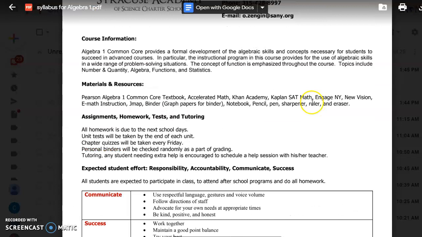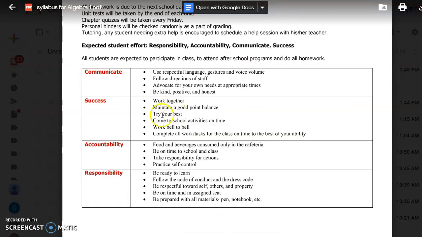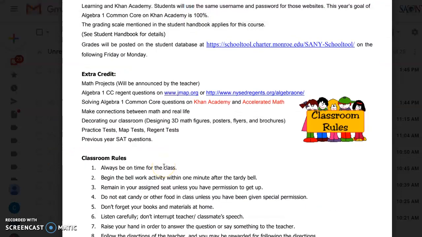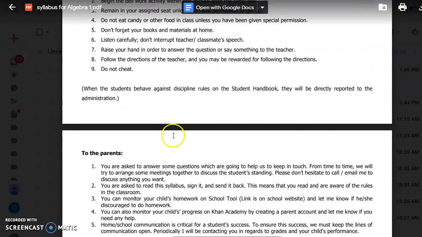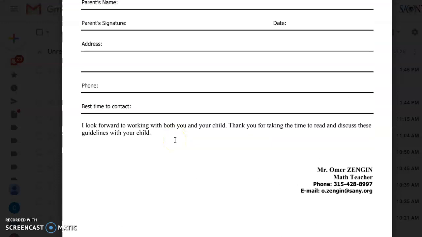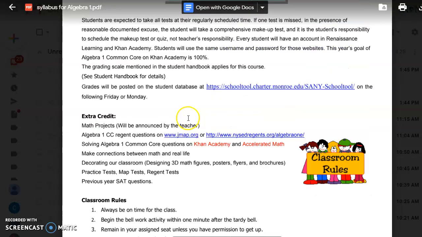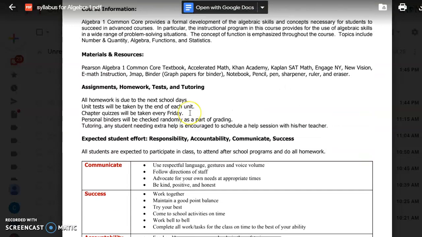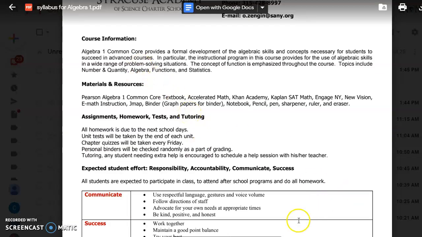As a part of the syllabus, you learn a lot about teachers' policies, the grading methods, extra credit, classroom rules, and sometimes it covers a little bit of the content as well. So it is here talking about the course information.